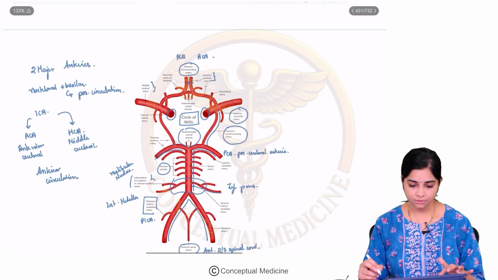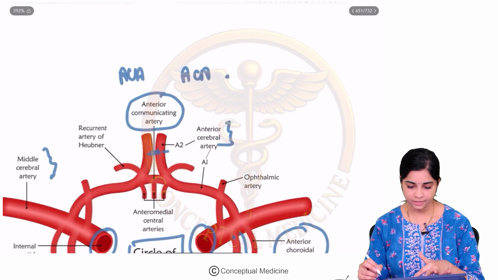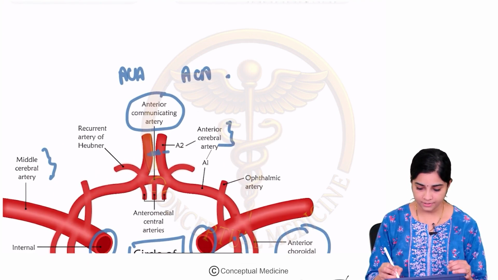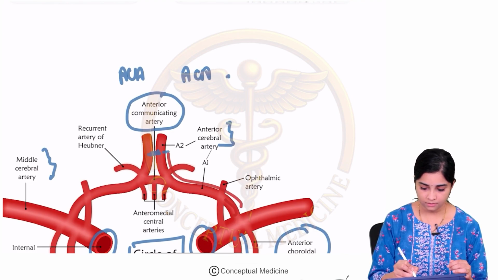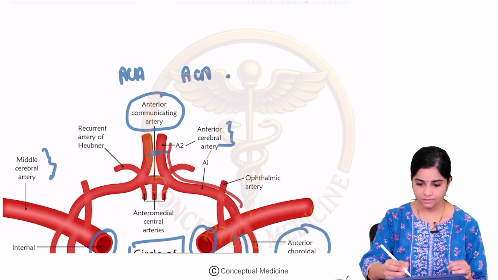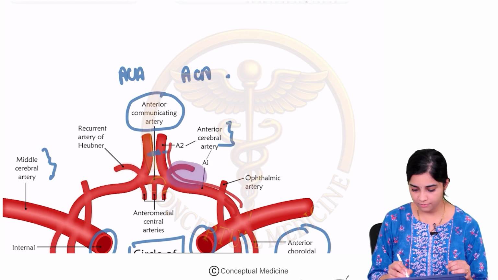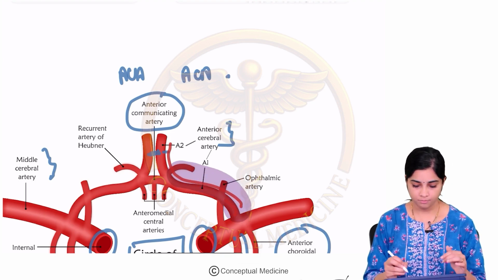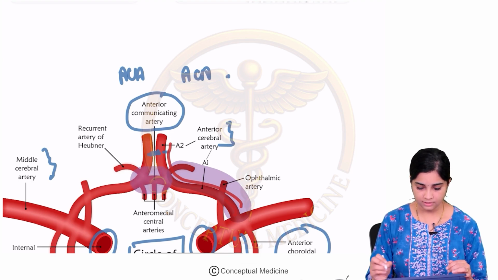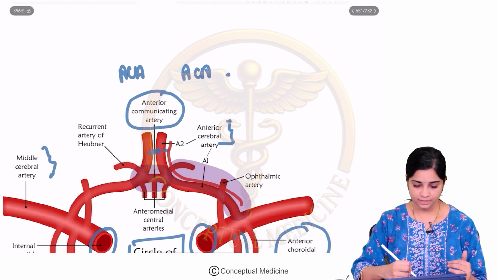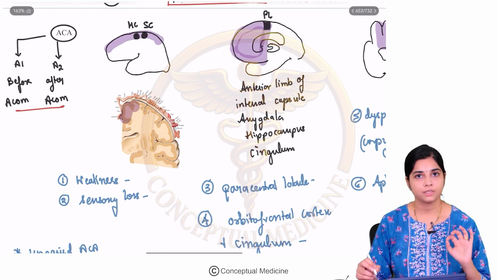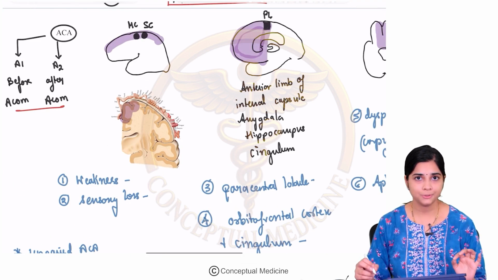So I will just show you that here, right? Can you see here that this is your ACA, this is your ACA. The segment which arises before the ACOM, where is the ACOM? This is the ACOM. The segment before it is your A1, and this segment is your A2. Clear?